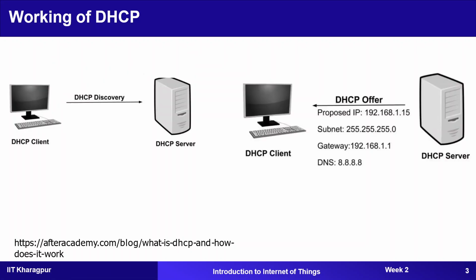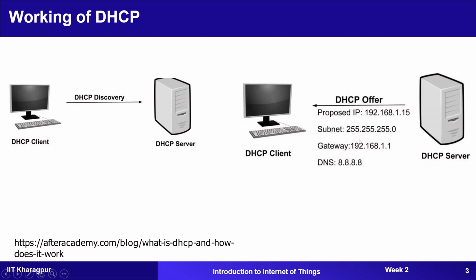Now in reply to this DHCP discovery message, this DHCP server or other DHCP servers present in the network reply with the DHCP offer. This DHCP offer message consists of the IP address proposed by the DHCP server.